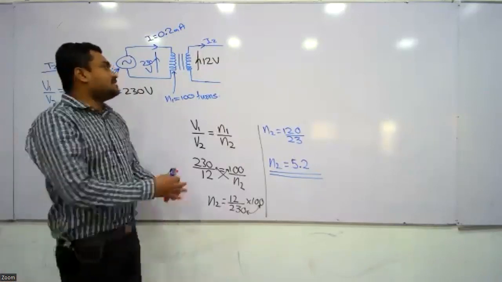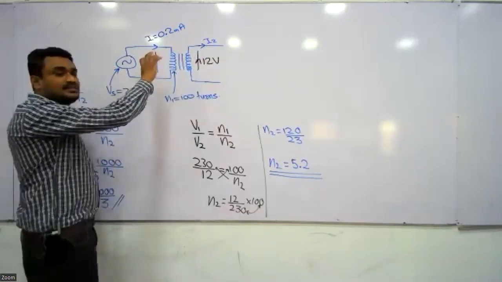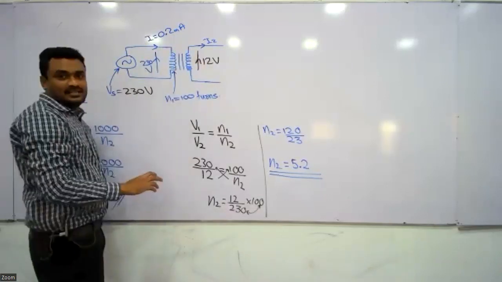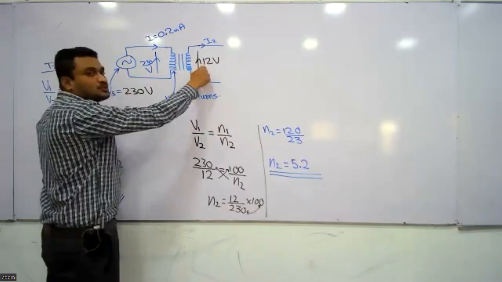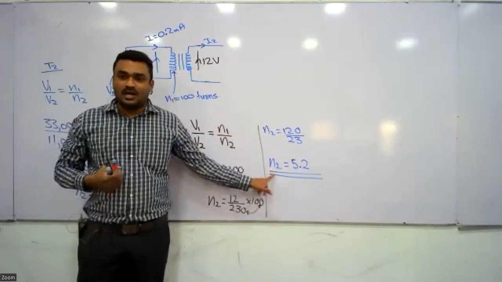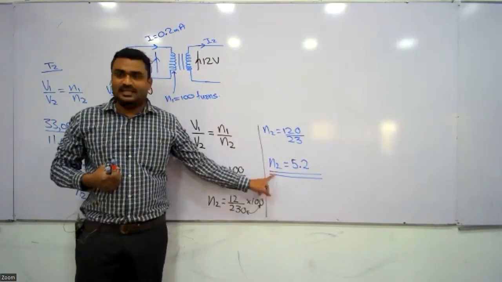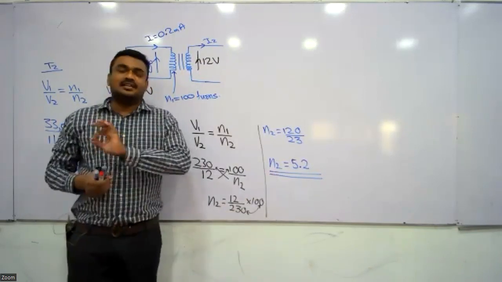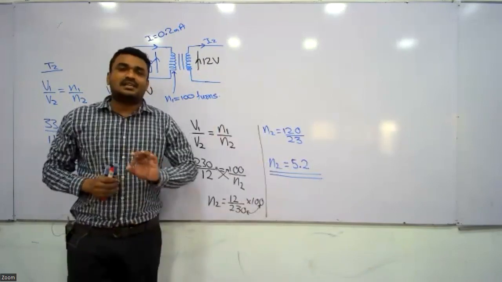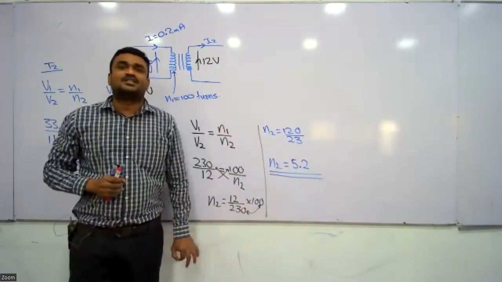Clear? This is a step down transformer. It reduces the voltage. Therefore, the secondary coil has a smaller voltage, and therefore a smaller number of turns. In the examination, they will ask whether the number of turns in the secondary coil of a step down transformer is smaller.